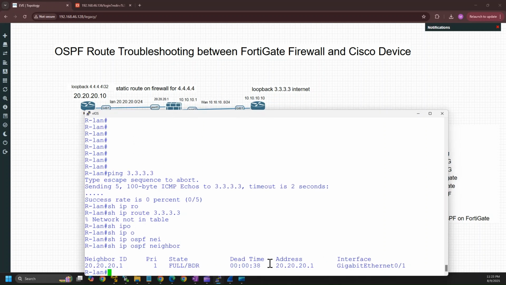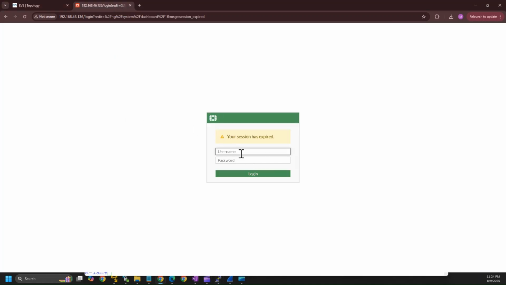So we go on the FortiGate as well. It has neighbor ID 20.20.20.1, which is the FortiGate router ID.